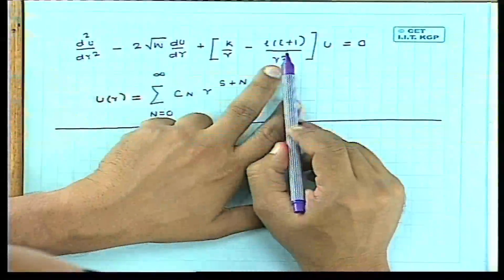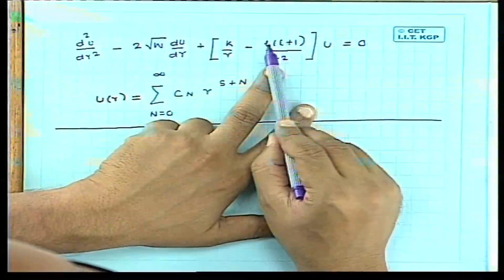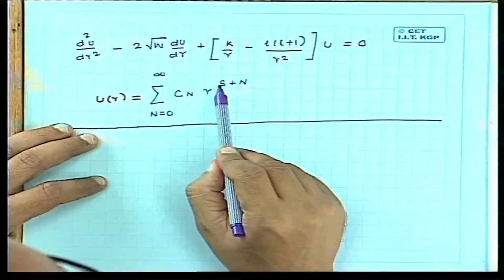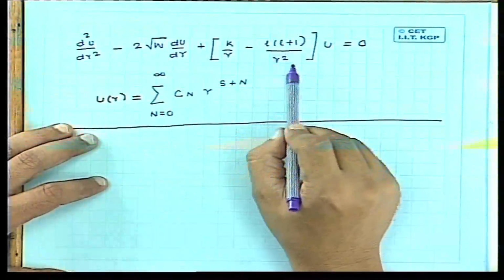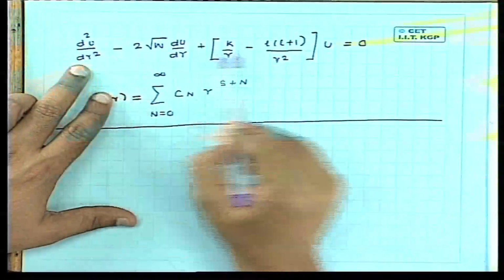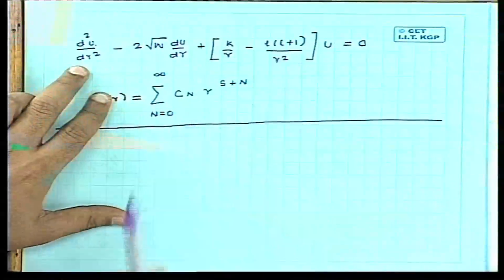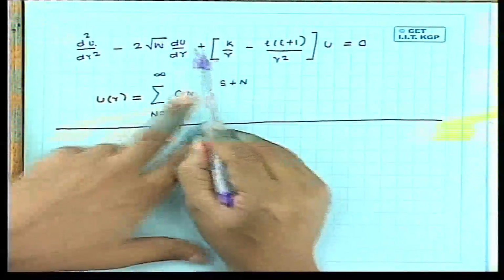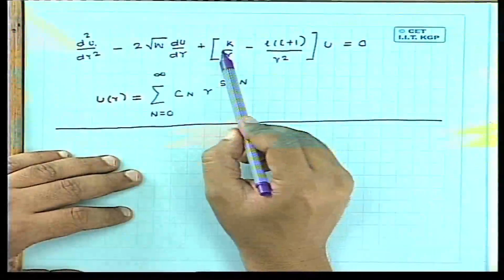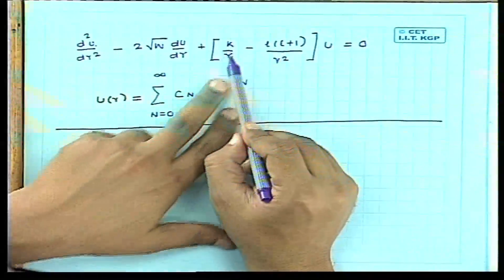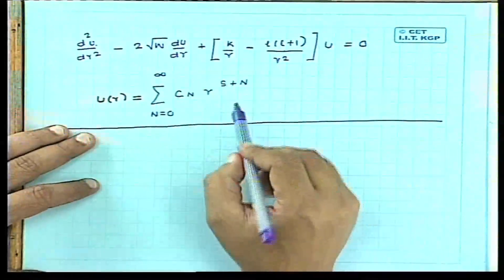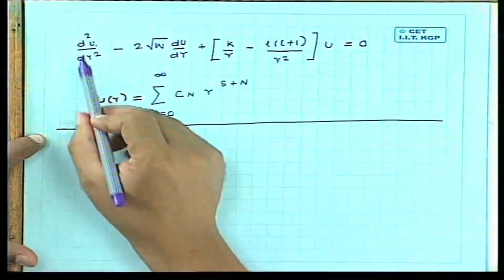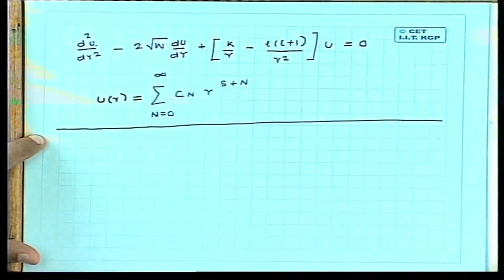The term which has L into L plus 1 by r squared, that too will have r to the power of s plus n minus 2 because of this 1 by r squared. So the coefficients here and here can be combined. Similarly, the coefficients of this term, which will have r to the power of s plus n minus 1, can be combined with this term, which also will have s plus n minus 1. Let me just combine all the coefficients straight away.